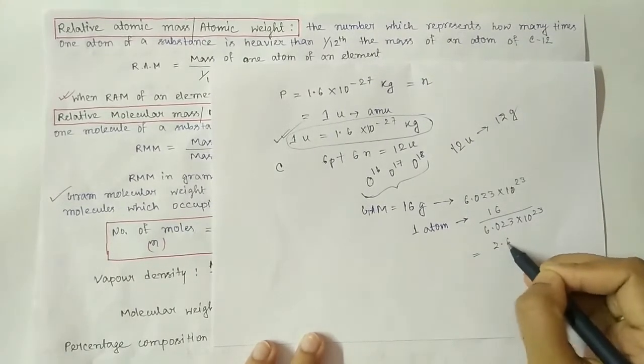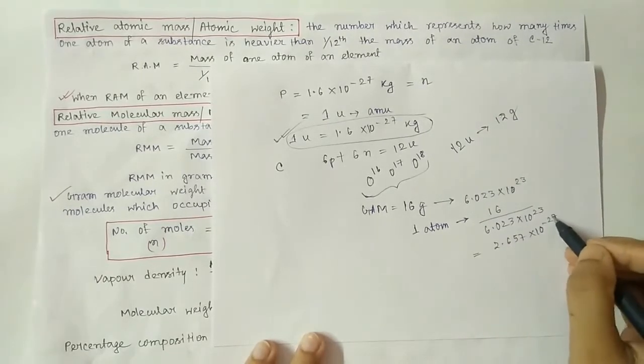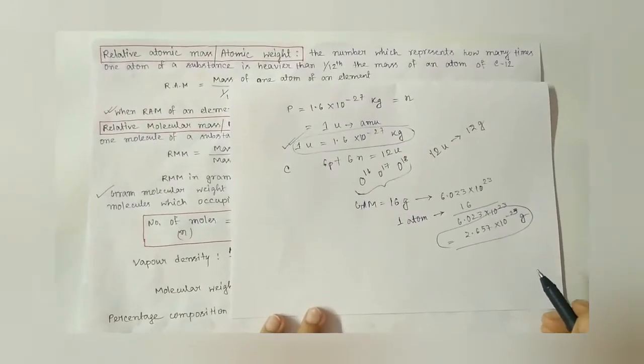Thus this will be 2.657 into 10 to the power minus 23 gram. This is the mass of one atom of oxygen.